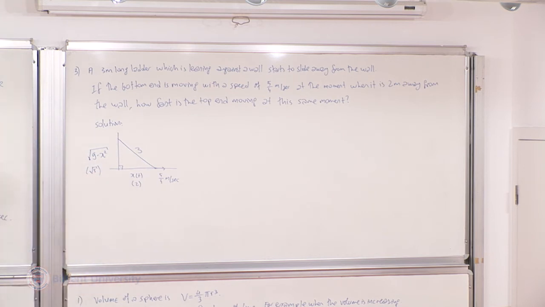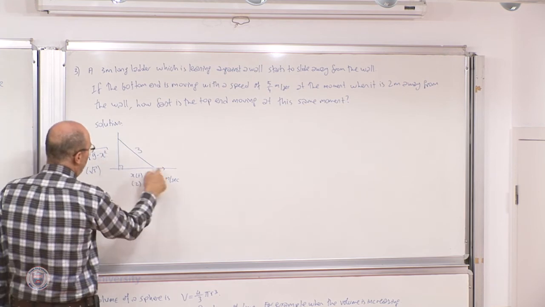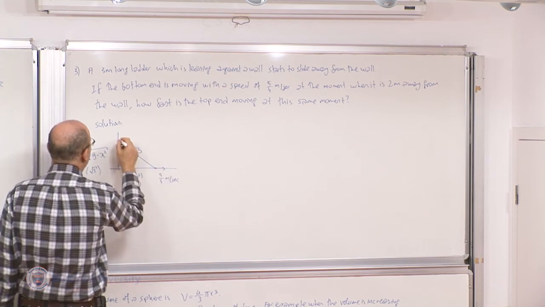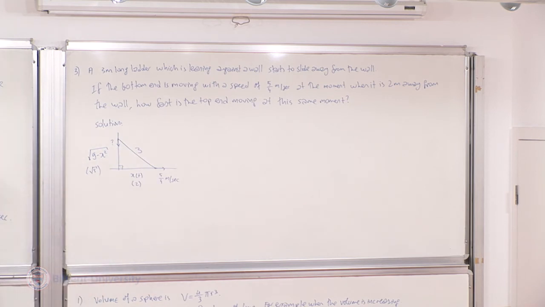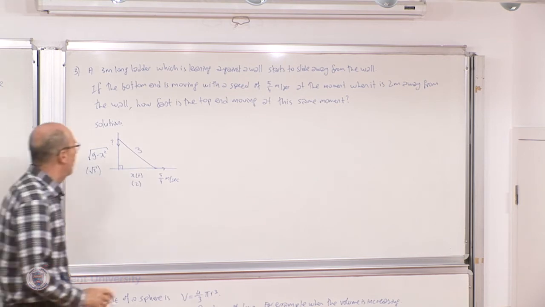I know from the picture that if this is moving this way, the top will move like this, and this is what is asked. So this is how I use my picture. Now I have to write these things and take derivatives.